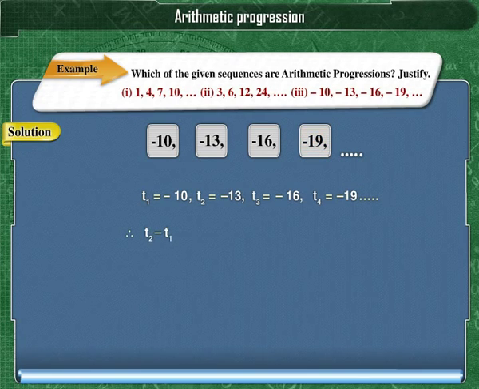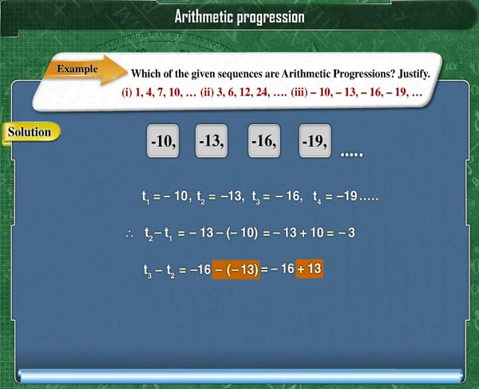Here, T2 minus T1 is minus 13 minus of minus 10, which is minus 13 plus 10, which is minus 3. T3 minus T2 is minus 16 minus of minus 13, which is minus 16 plus 13, which is minus 3.